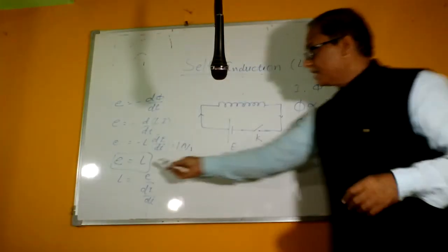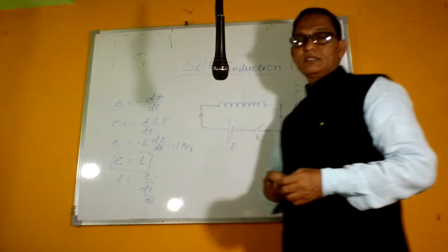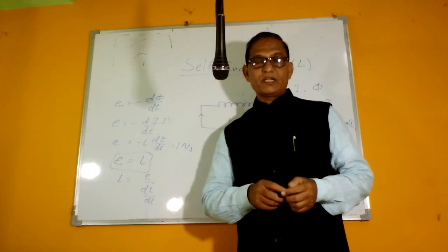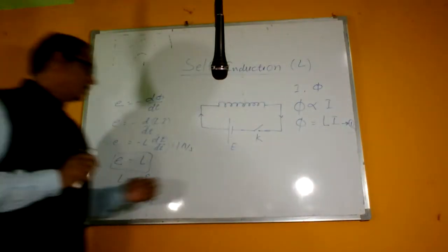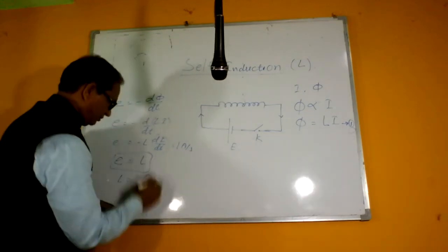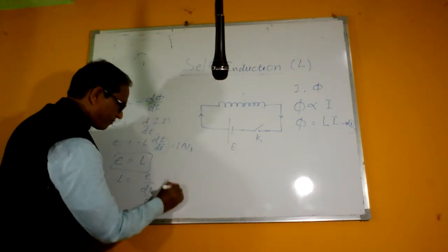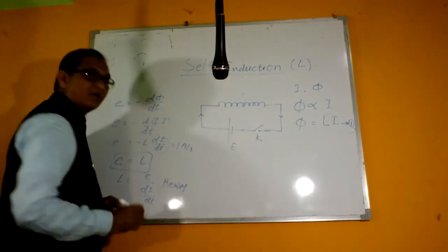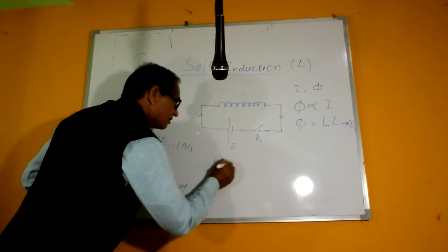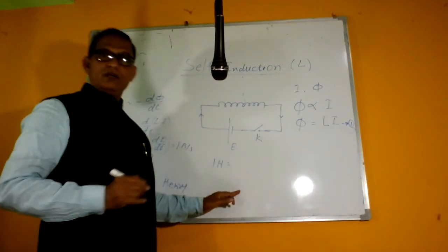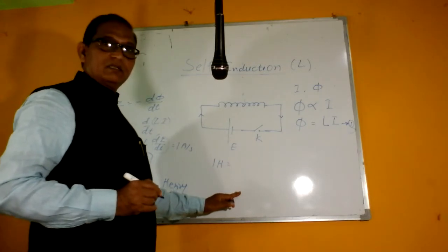From this, we define that L is called the coefficient of self-inductance of the coil. The unit of this is Henry, represented by H. So we define 1 Henry, the self-inductance of a coil.